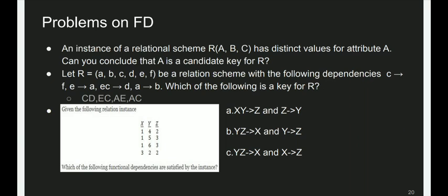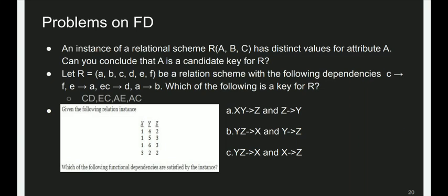For example, the first one: xy determines z and z determines y. For xy 1 4 it is 2, 1 6 it is 3, it's okay, 3 2 it is 2, and z determines y: for 2 we have 4 and 2, so the functional dependency will not hold.